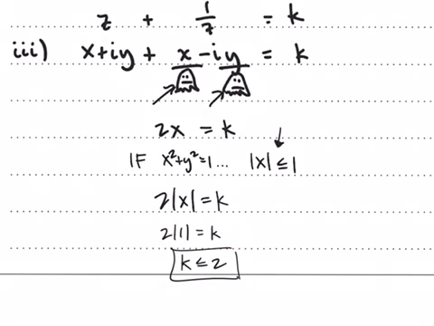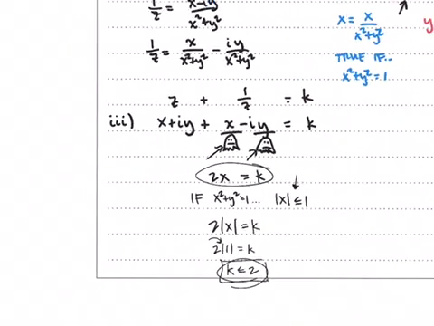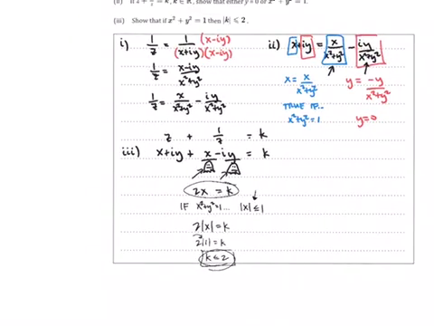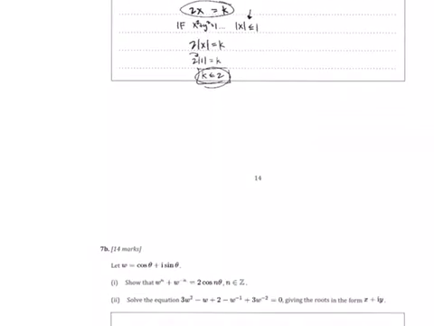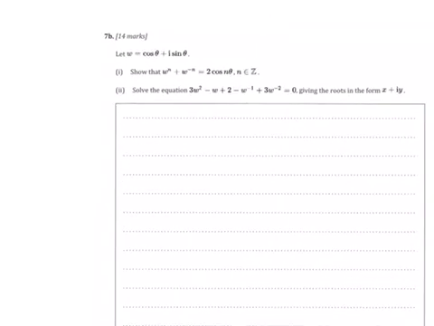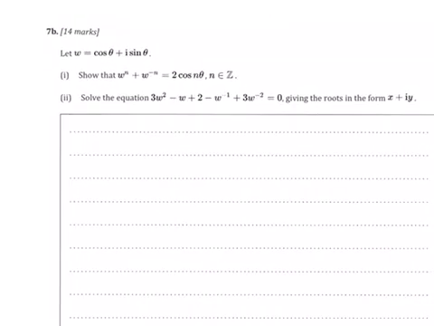So if 2 times the absolute value of x equals k, which we showed right here, x's max value would be 1, therefore k's max value would be 2. Awesome. Okay, so I hope you enjoyed the drawings that I made there on that problem. Let's continue on and see what we can come up with on the next part.